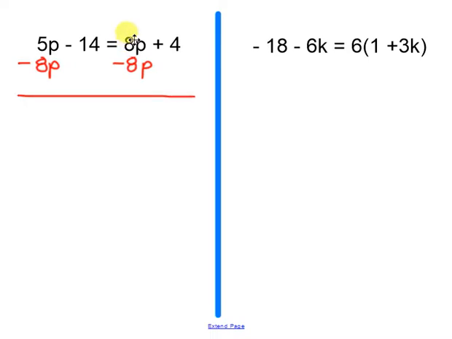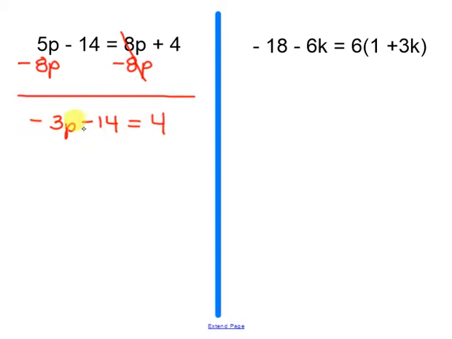Big equal sign. Positive 8p, minus 8p, that cancels out. 5p minus 8p, sorry, those p's are confusing me, is negative 3p. Bring down everything else. Minus 14 equals 4.